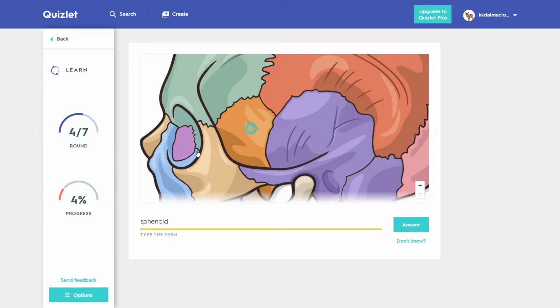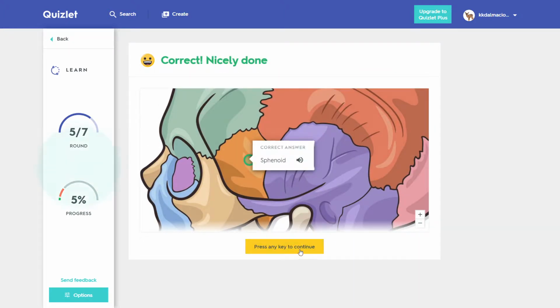I think it was ossicle, but yeah, there's usually holes in your eye socket that show your sphenoid, so it's closer to the eye socket. I'm going to have to go with the sphenoid bone. And that's correct.